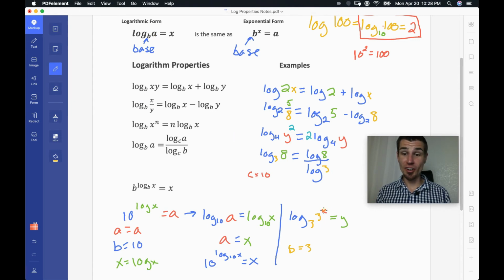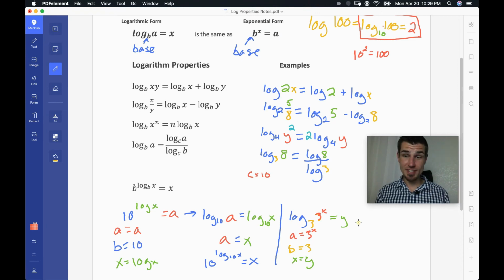Our a is all this right here, 3 to the x. If we wanted to stick with the same colors, we could make this red. And what is our x? Well, our x is y.